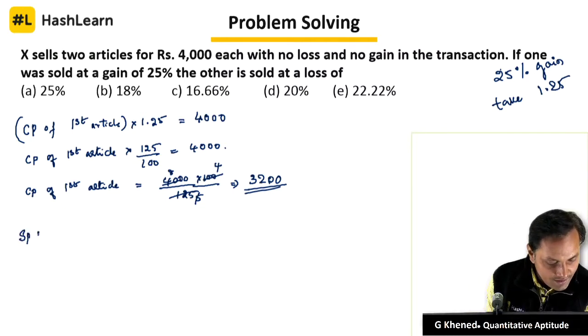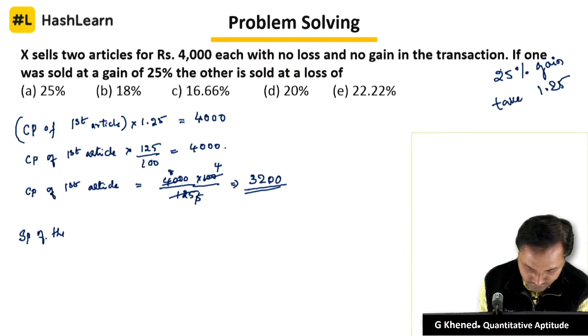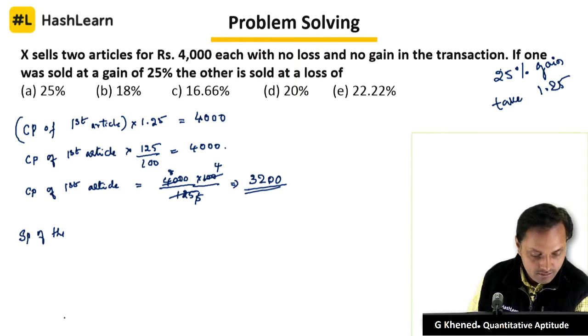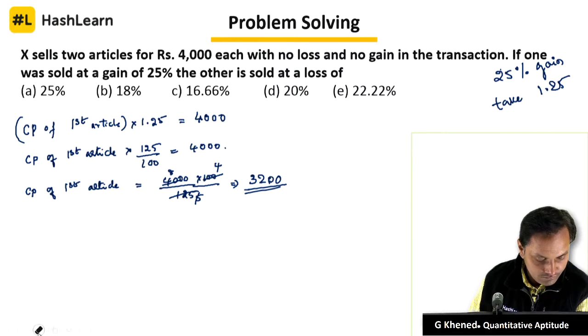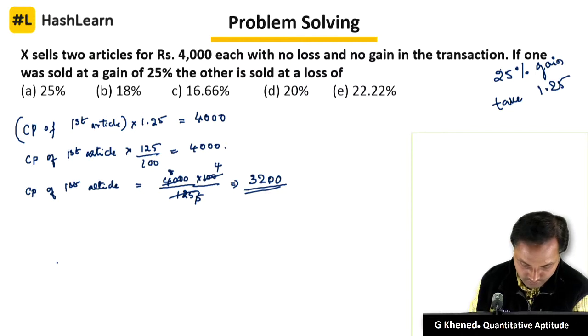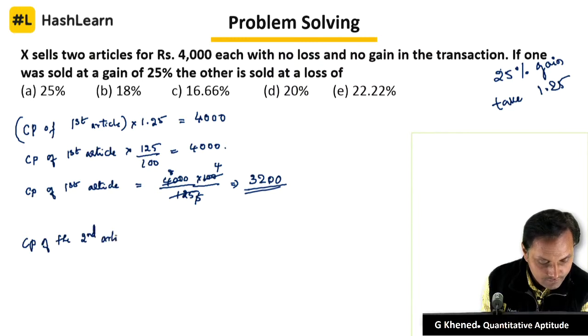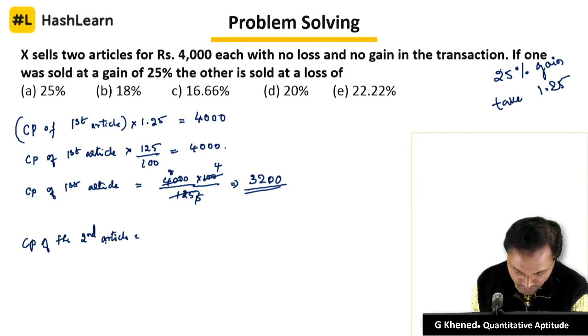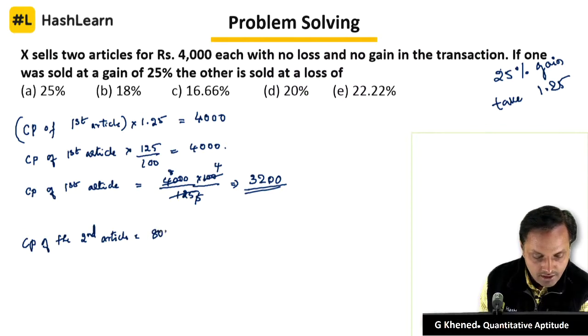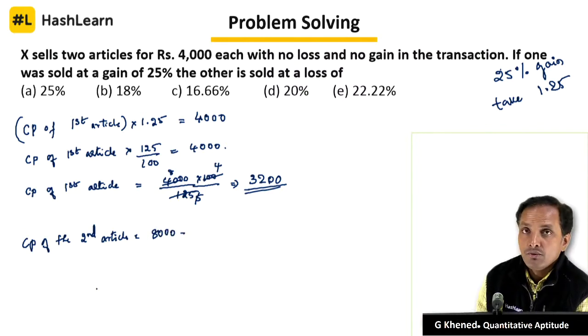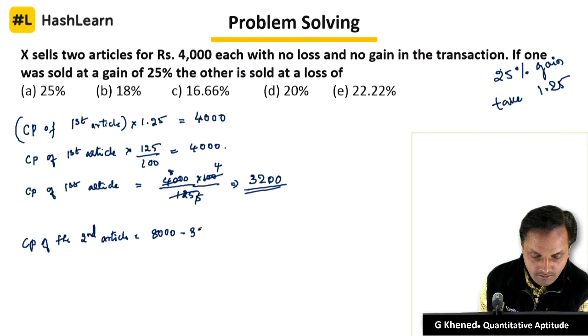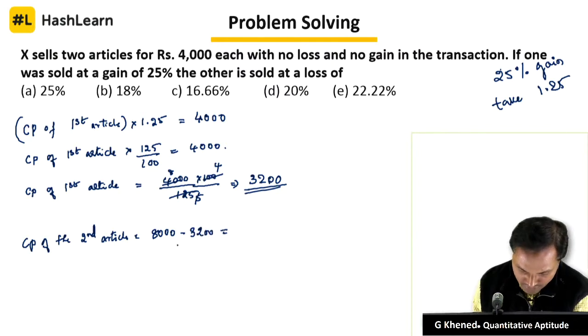If one was sold at a gain of 25%, the other was sold at a loss of. What will be the cost price of the second article? You know that the transaction amount is 4,000 plus 4,000, 8,000, minus 3,200 will give you how much?